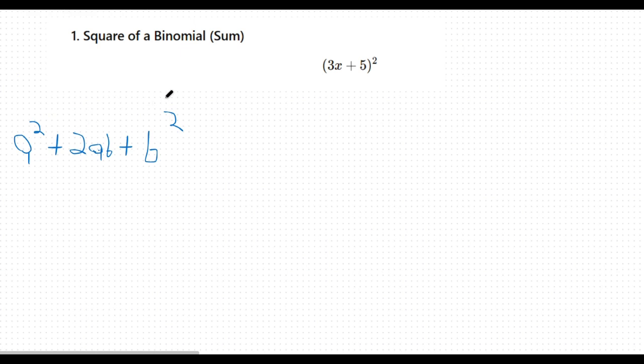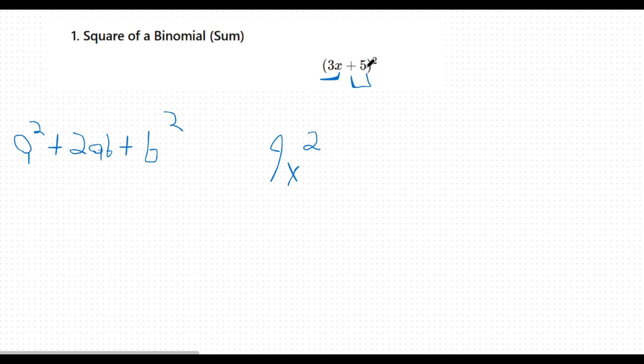What is a squared plus 2ab plus b squared? The a term is here, the b term is here, and that's what you need to know: a on the left, b on the right. So this will be as simple as (3x) squared, which is 9x squared, plus 2ab, that's a times b.